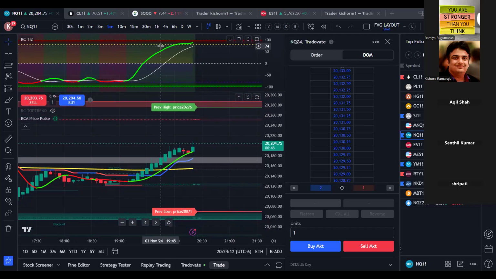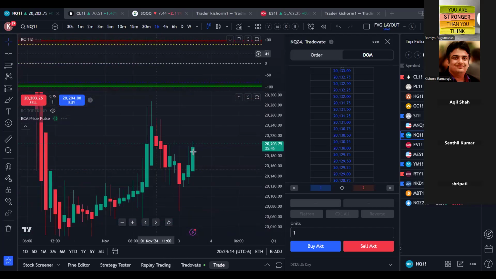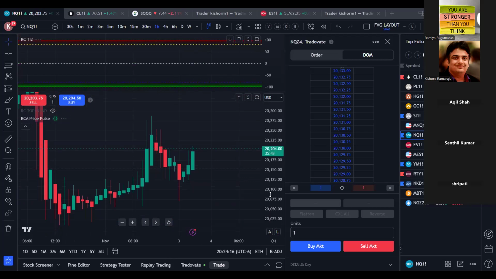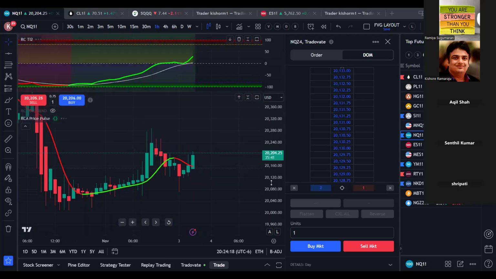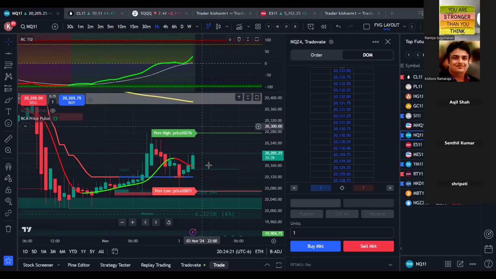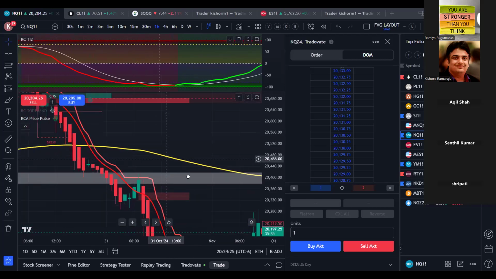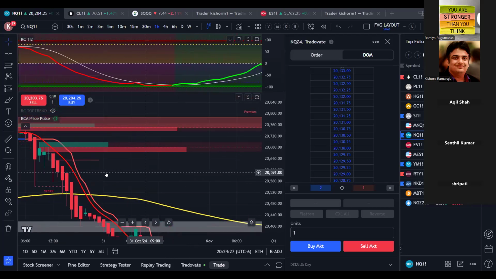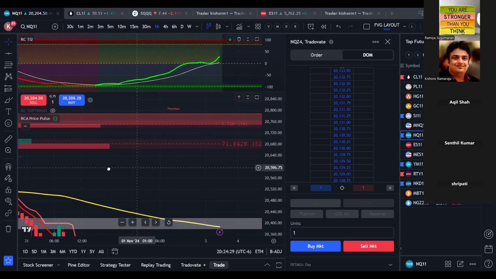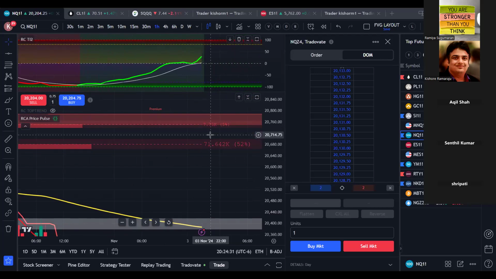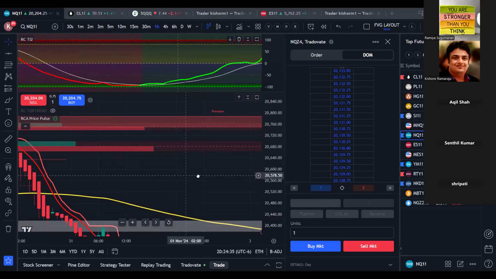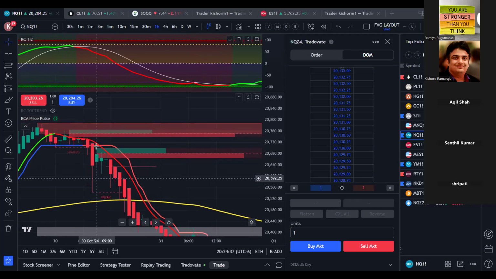So whenever, for any instrument, whether it is stocks or futures or currencies, generally the price always wants to travel to a liquidity zone. For example, here you can see there was a huge liquidity zone, around 7,200 sell orders, 8,000 sell orders, or 7.7 thousand sell orders. So price went all the way to that zone.